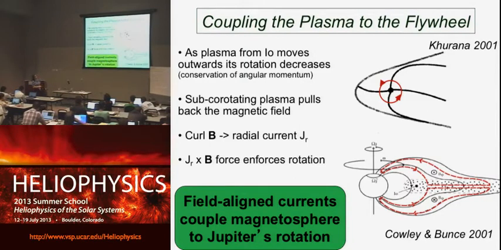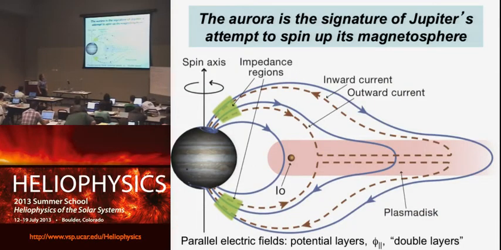But it's coupled to a spinning planet, and so you will end up driving currents that spin it up and keep it rotating with the planet. And those currents are in the magnetosphere, but coupled to the rotation via field-aligned currents that couple the magnetosphere to the planet. And the aurora are, in fact, signatures of where that coupling begins to break down.